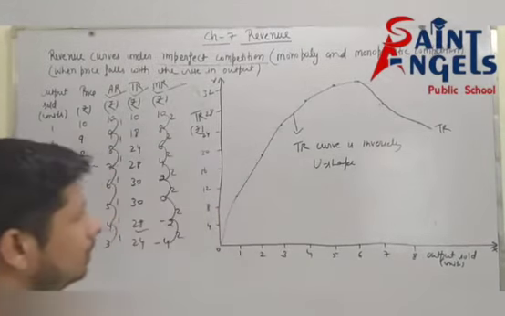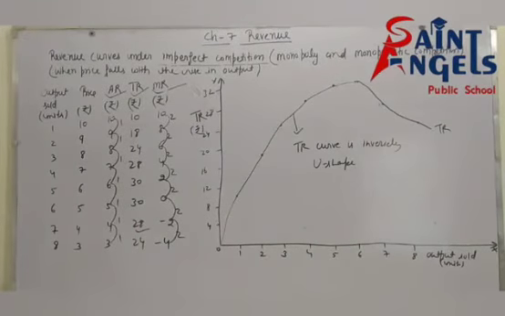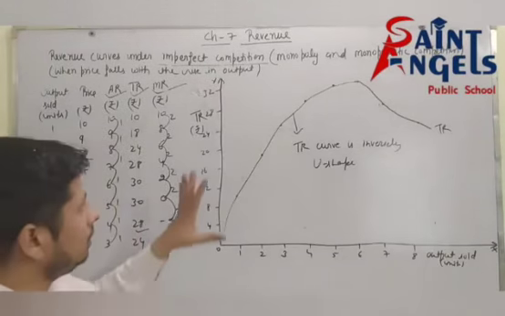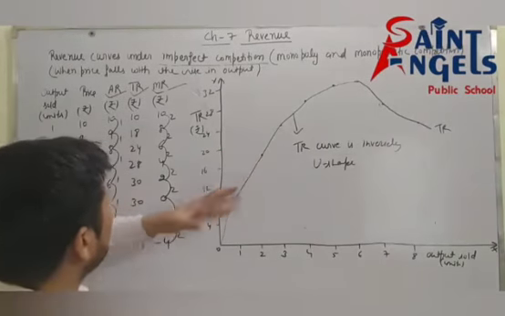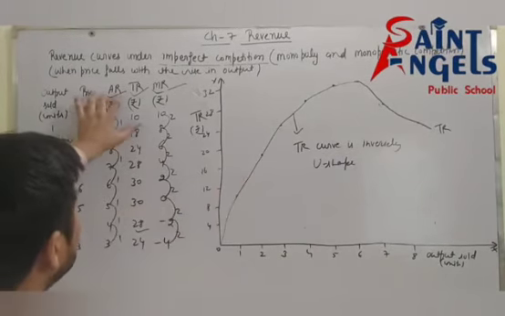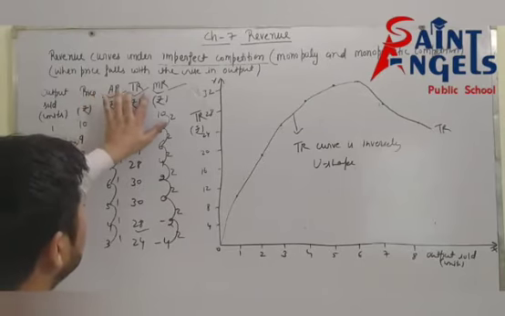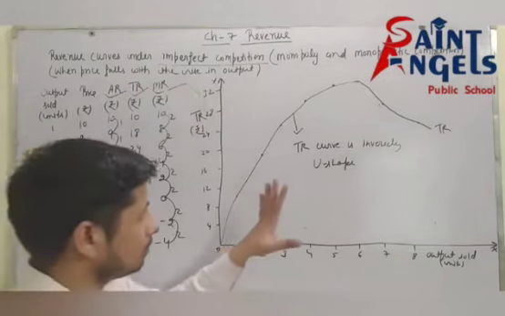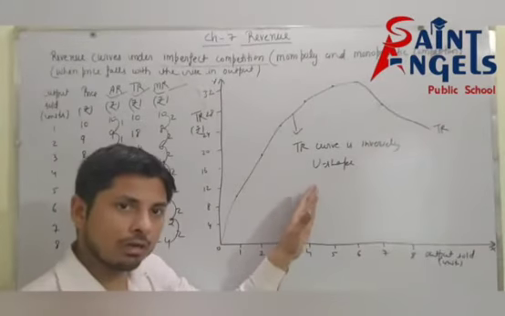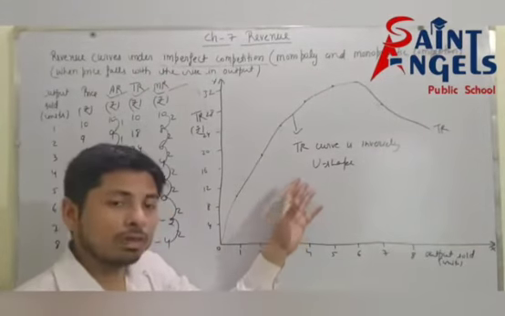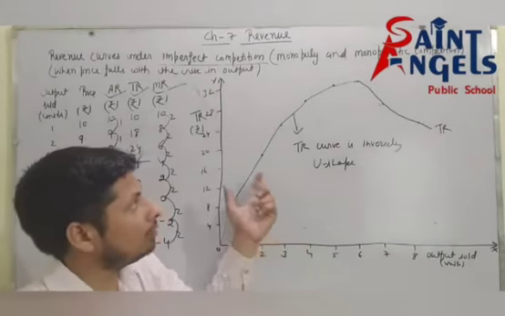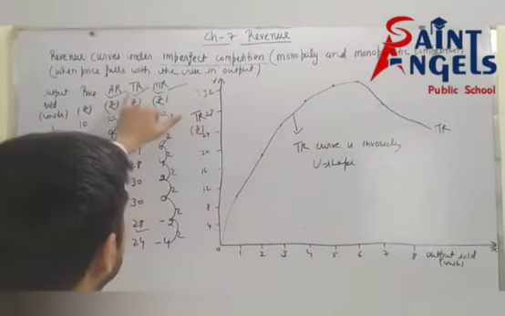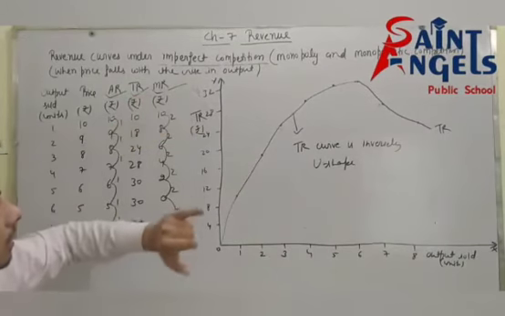So first of all, please pause the video and note this down. But listen, my dear students, how will you explain the AR curve, TR curve and MR curve in an imperfect competition market? Please pause the video, then we will learn how to explain the AR curve, TR curve and MR curve.